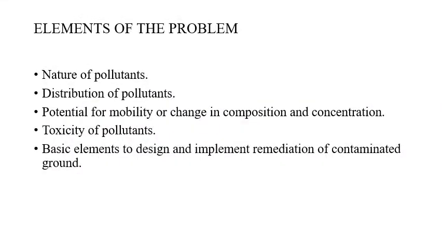So, if you want to understand a proper land environmental problem such as pollution or contamination of land, then you need to clearly work out what are the different elements of the problem.